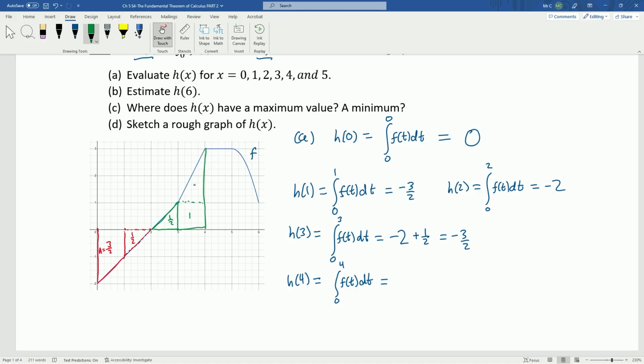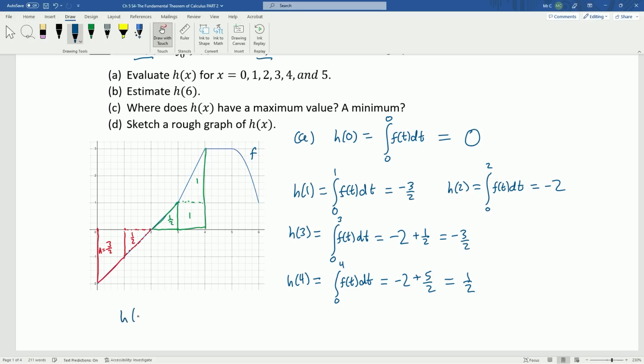So 1/2 times base times height gives me an area of 1. So when I take the square and this triangle here, the area is 2. So our positive portion is 2 1/2, that's 5 halves. So we get negative 2, the negative portion, plus 5 halves for the positive portion so far. So that's a positive 1/2.